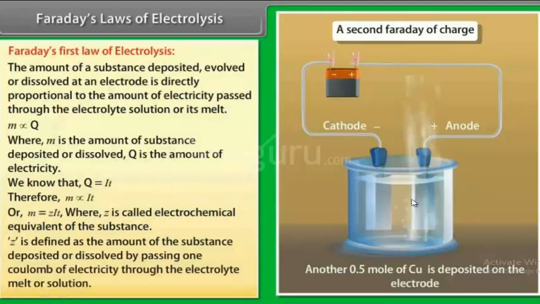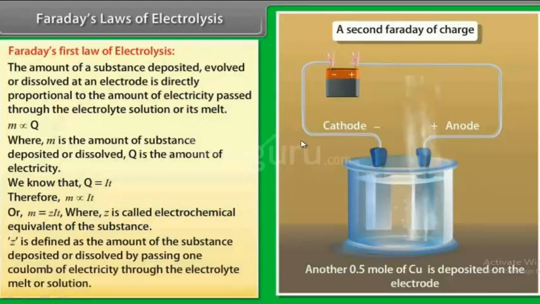So due to oxidation and reduction reactions, at each electrode some amount of substance is deposited or dissolved. Metals are deposited at the cathode through the reduction process, and through the oxidation process non-metals are deposited at the anode.